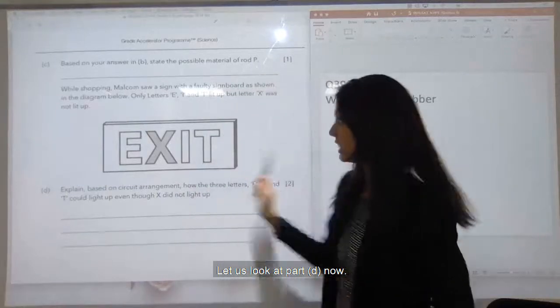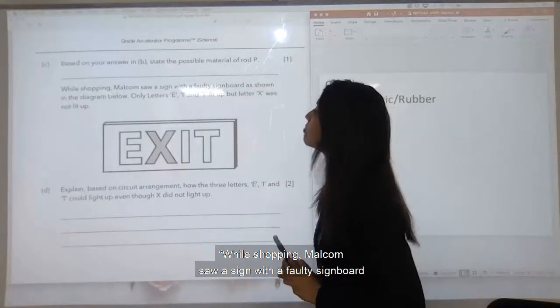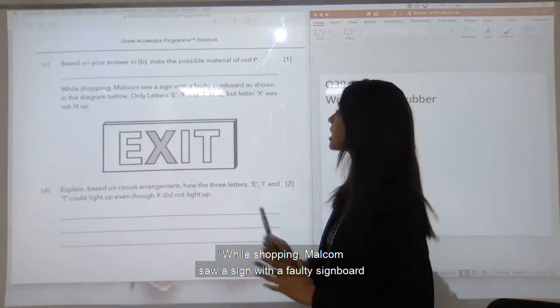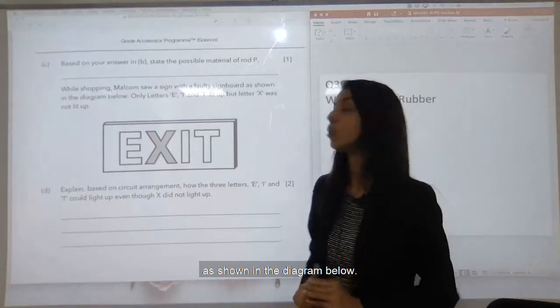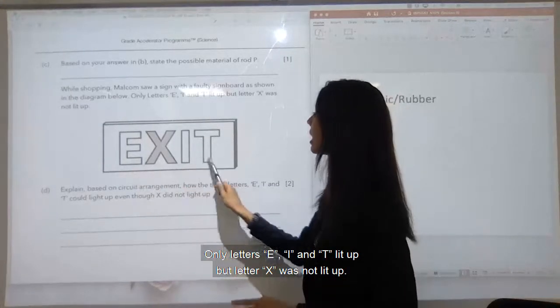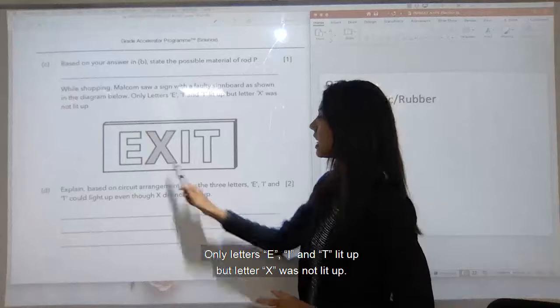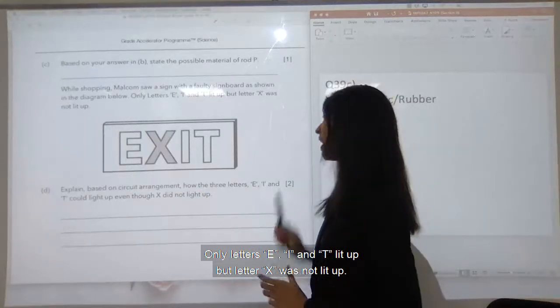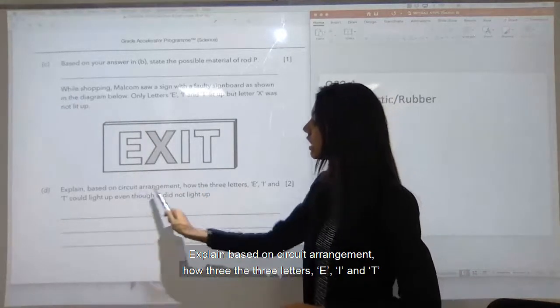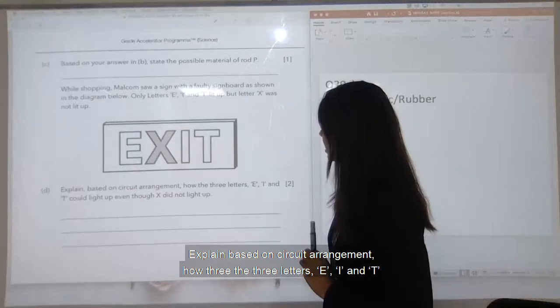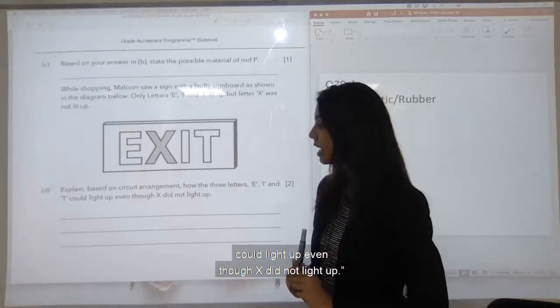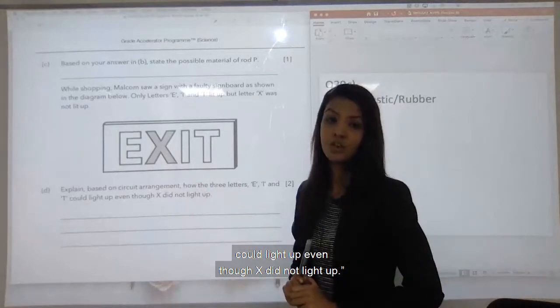Let's look at part D now. While shopping, Malcolm saw a faulty signboard as shown in the diagram below. Only letters E, I and T lit up, but letter X was not lit up. Explain based on circuit arrangement how the 3 letters E, I and T could light up even though X did not light up.